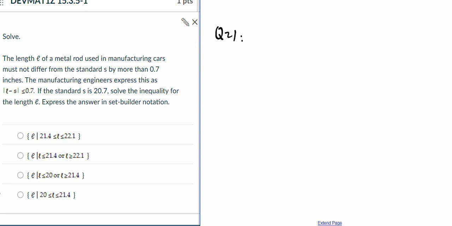So by more than 0.7 inches, the manufacturing engineers express this as L minus S, in absolute value, is less than or equal to 0.7.